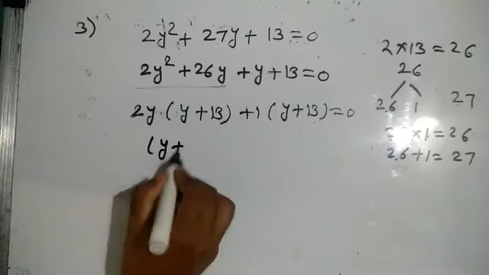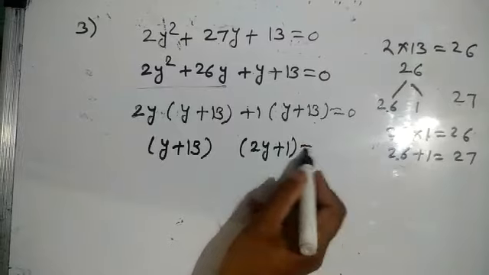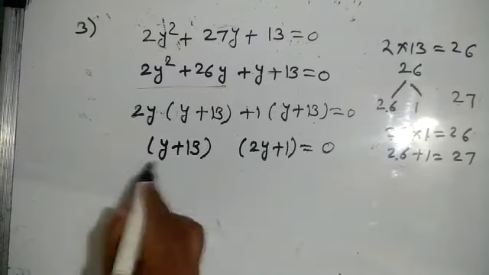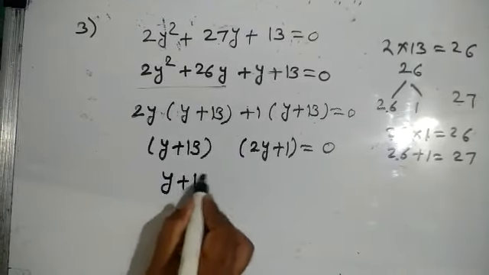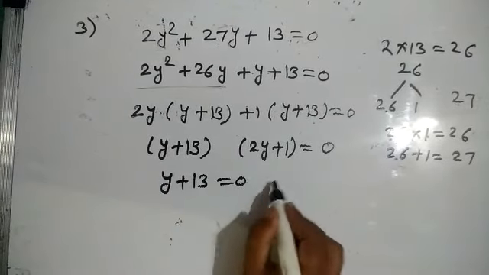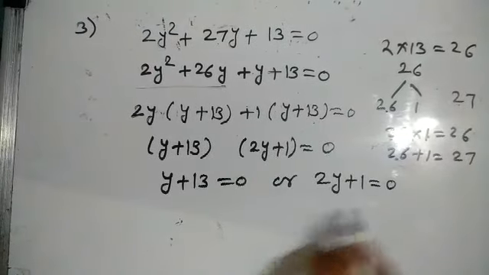Therefore, in one bracket y plus 13, in another bracket 2y plus 1 is equal to 0. Again, y plus 13 is equal to 0, or 2y plus 1 is equal to 0.